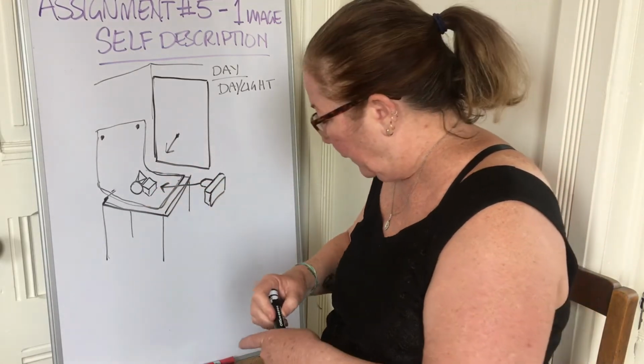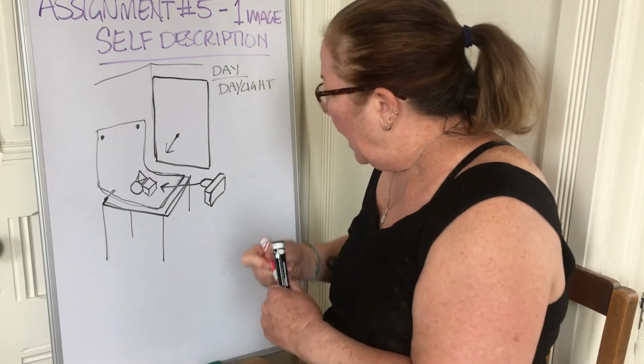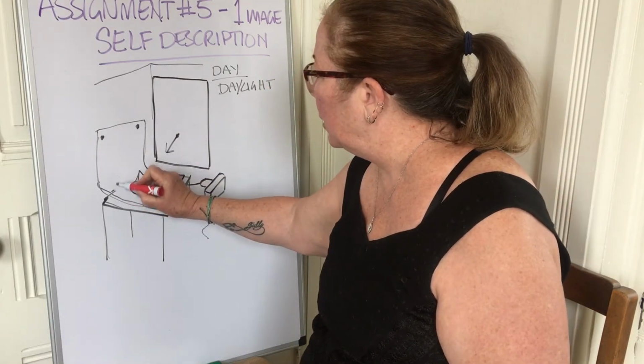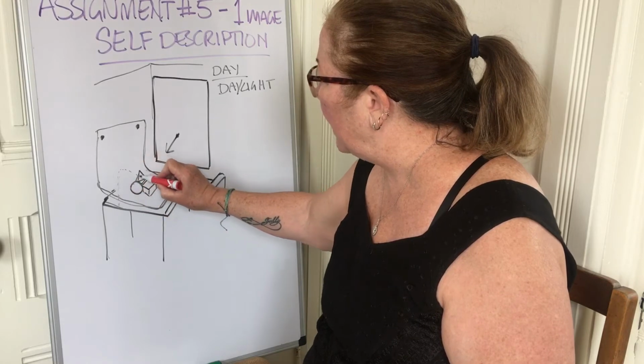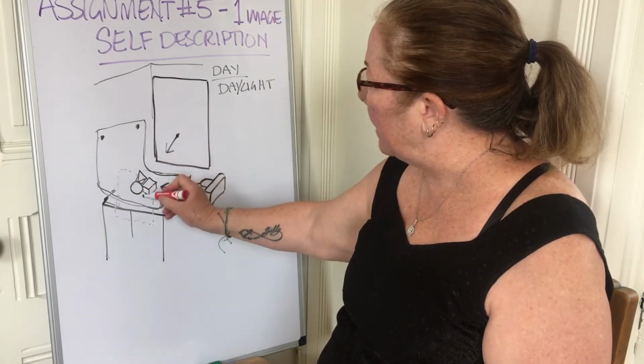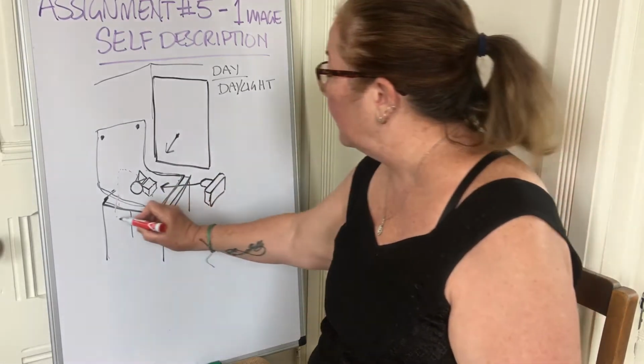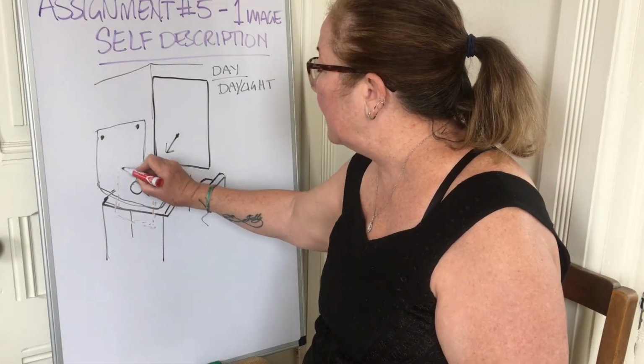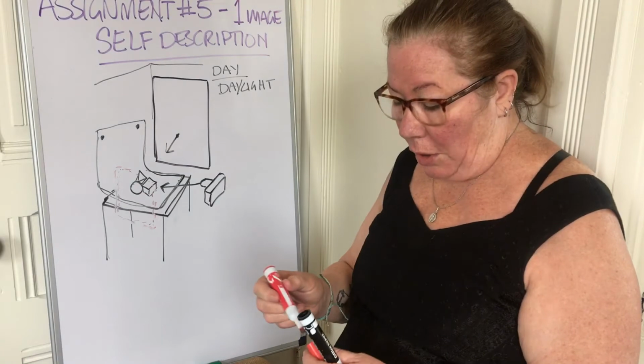So let me do a different color. For the reflector, you don't want it too bright, but we'll just say we have a reflector over here, right, that's reflecting the light back on. That's our fill light, okay? And remember, it can be as simple as a white piece of paper or cardboard.